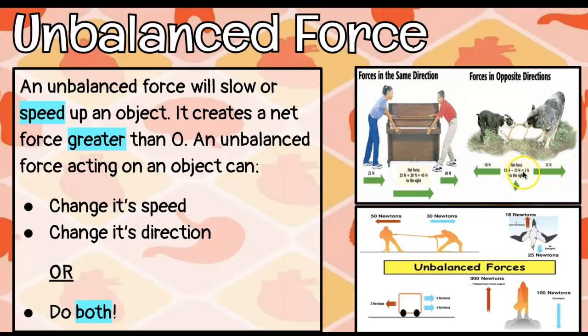So you do 12 minus 10, and you find that this animal is pulling with just 2 newtons more, so it's going to move in the direction of the larger force, which was 12 newtons, to the right. So the net force would be 2 newtons to the right. You notice with all of these examples, our net force is no longer 0, it's an actual number because the object is changing its motion.